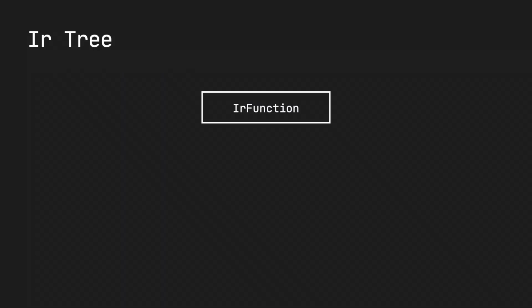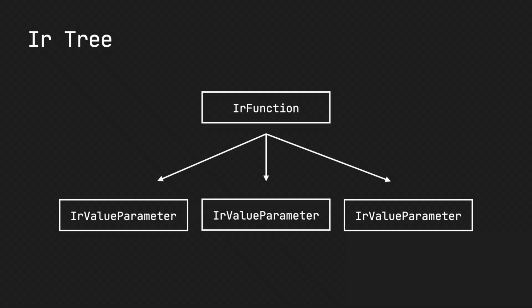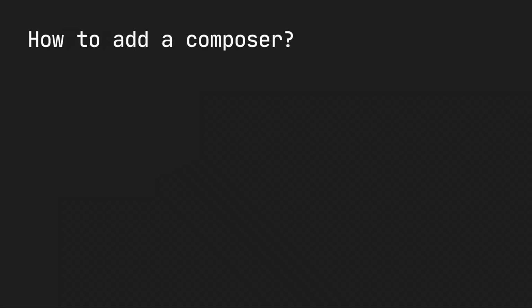An IR function is a type that has IR value parameters, and there could be many of them depending on the number of parameters you added. I have utilities. I could use builder methods to add in my own IR value parameters. So how do you add a composer reference to that?